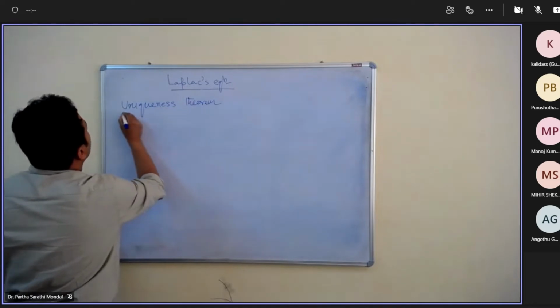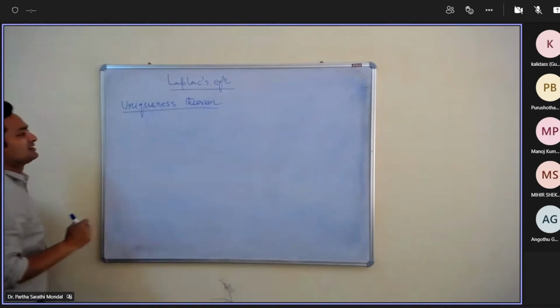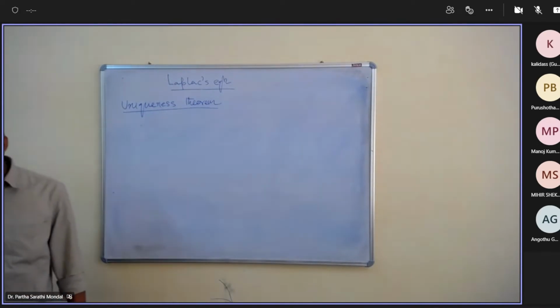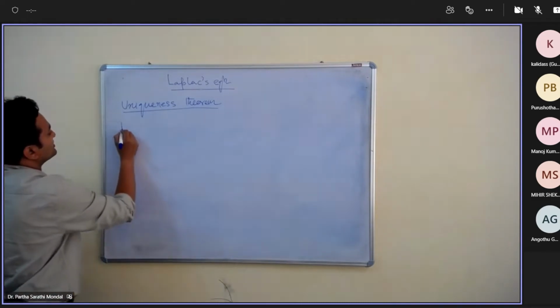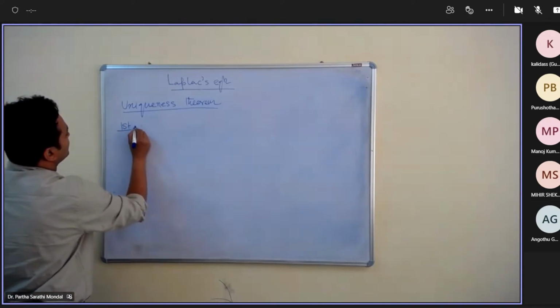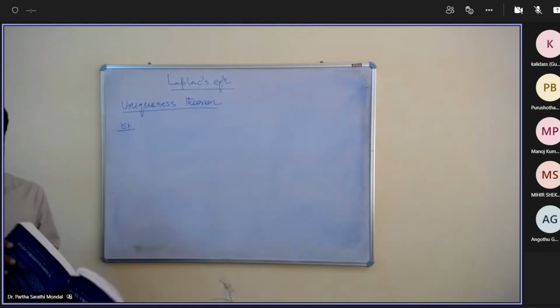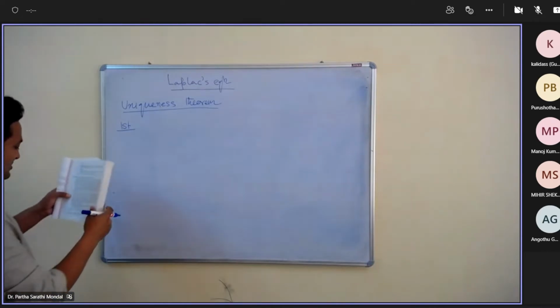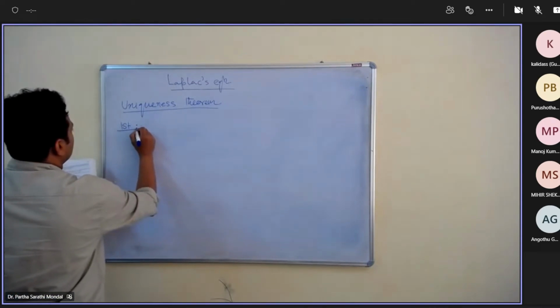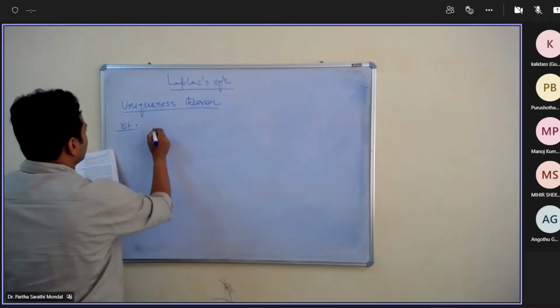This is not a big thing, it's a simple thing we are already practicing. The first uniqueness theorem says that, let's write it down because it's a theorem, you cannot put your own words here. So write the words as they are written here.